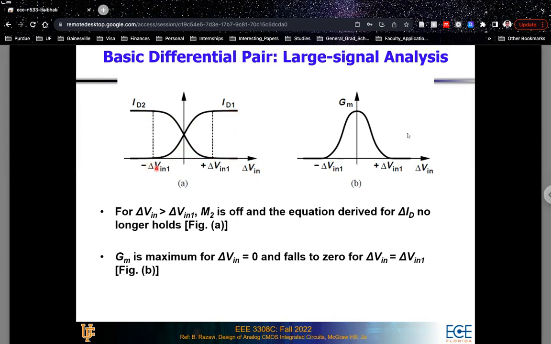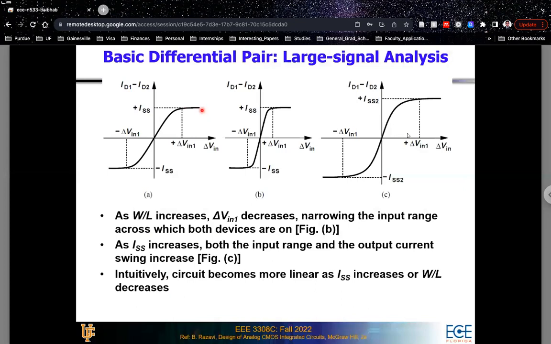On the other hand, if you have a large negative value for your del V in, then you will have only ID2, but your ID1 will reduce to 0. On the other hand, your GM will follow a plot that somewhat looks like this. That GM will be maximum at del V in equal to 0, but at other points, GM will be lower, which means that for you to have the maximum gain for this differential amplifier, you should have del V in equal to 0, and in that case, you can maximize your GM.